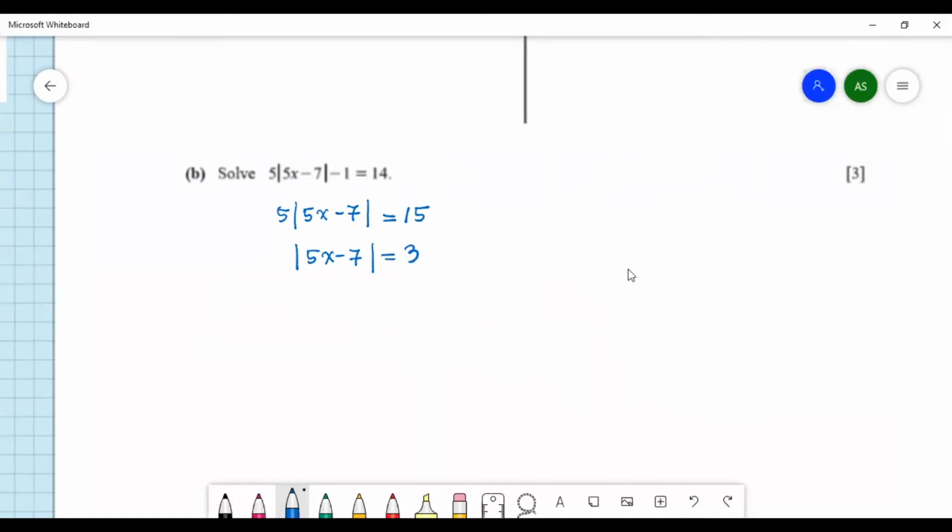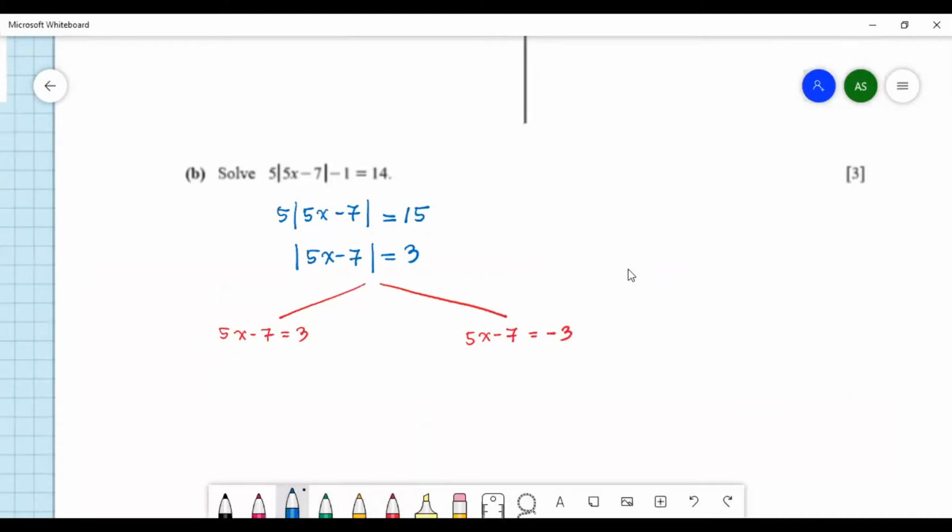So therefore, remember we have two possible cases. So we have case 1. In case 1, 5x minus 7 is 3. And your case 2 is that 5x minus 7 is equal to negative 3.